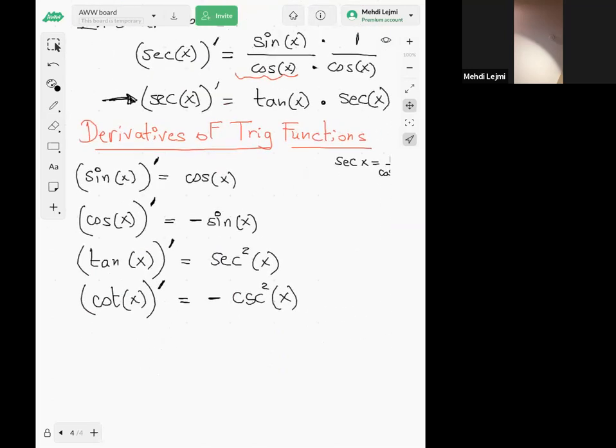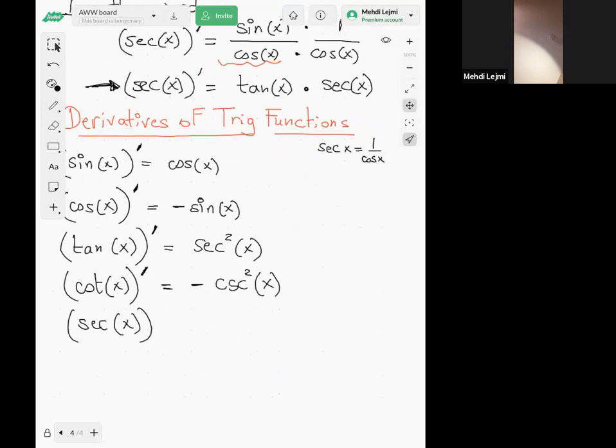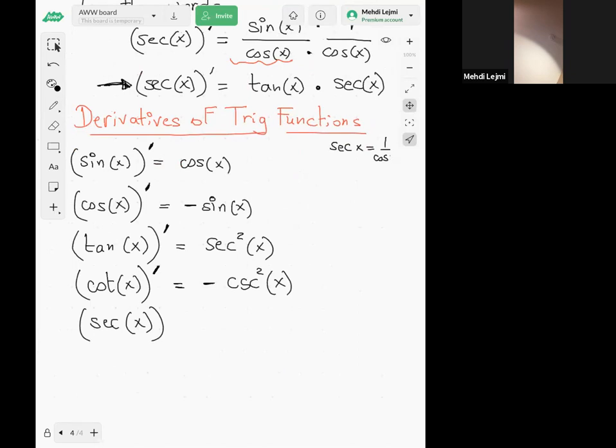Next, we proved the derivative of secant of x, which is 1 over cosine: it's secant of x times tangent of x.